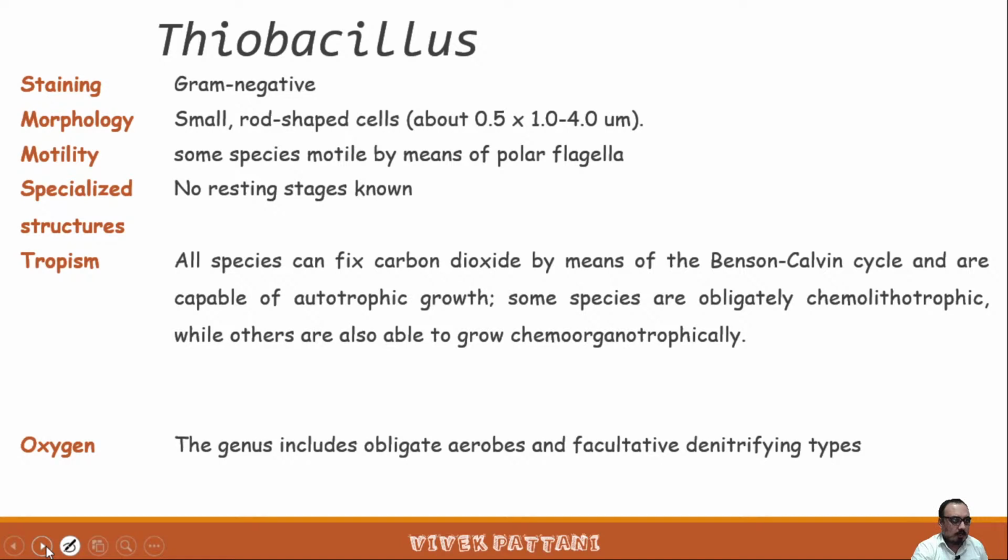Moving forward with the next bacteria, which is Thiobacillus. They stain gram negative. Morphology: they are small rod shaped cells about 0.5 by 1 to 4 micrometers, and some species are motile by means of a polar flagellum, and there are no resting stages known.